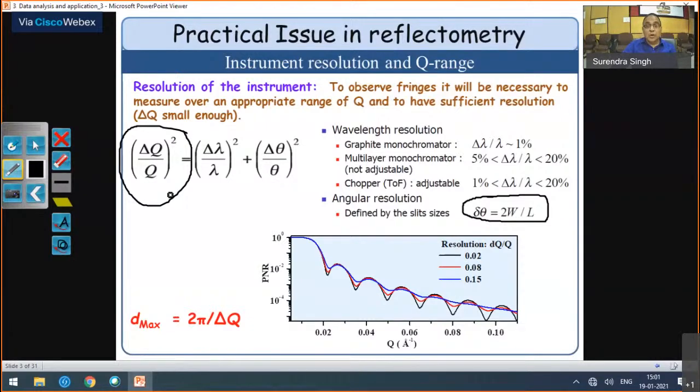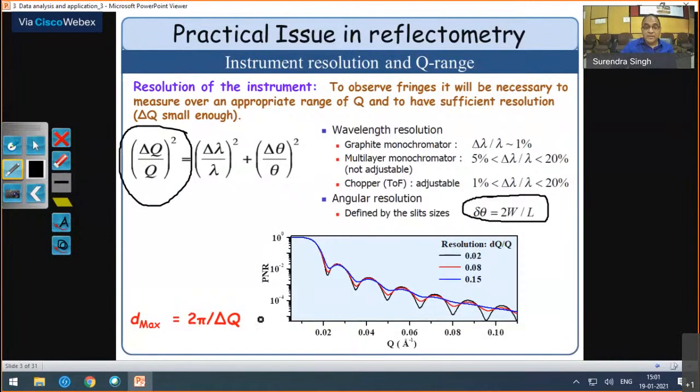In this figure I have shown a reflectivity pattern plotted for different resolutions, delta Q by Q. You can see for 0.02, which is very good resolution, we have nice oscillations, but these oscillations get smeared out when we make our instrument resolution poor.